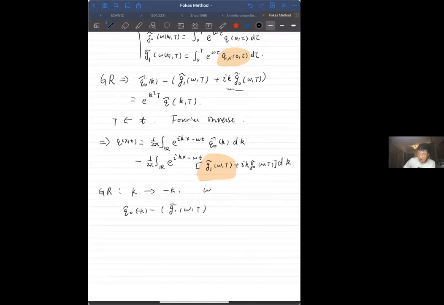Omega doesn't change because it's k squared. And minus ik g0 omega t equals e to the k squared t q hat minus k t.